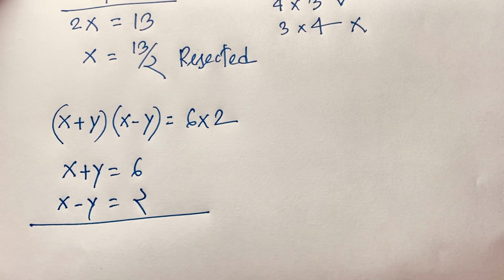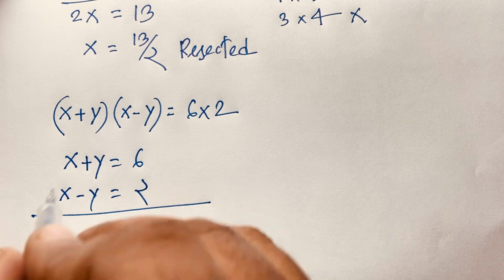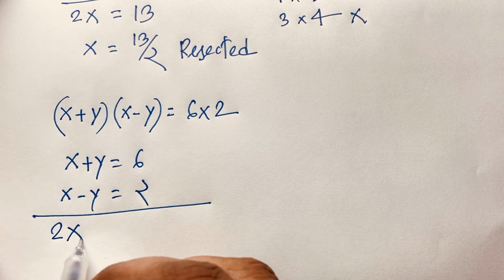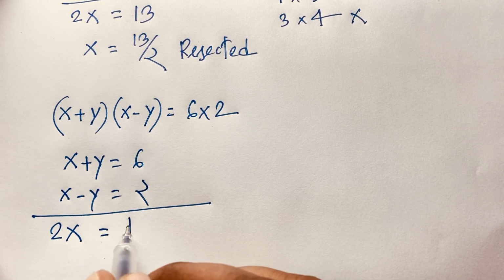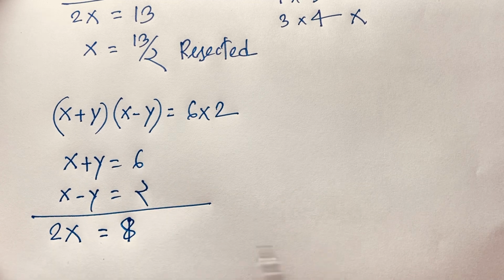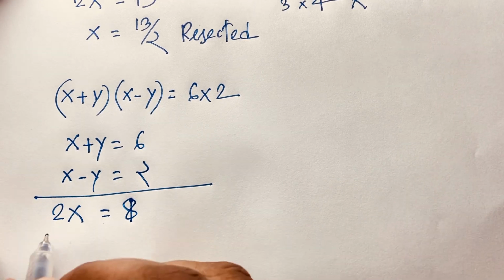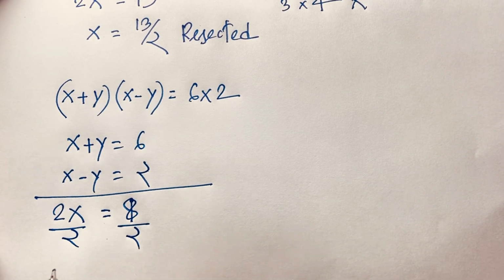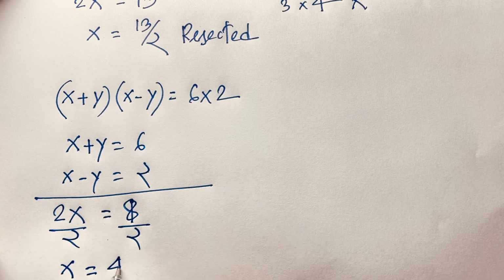Then if I add both equations, twice x, y cancels, and it will be 8. 2 plus 6 is 8. Now if I divide both sides by 2, we'll find out x is equal to 4.